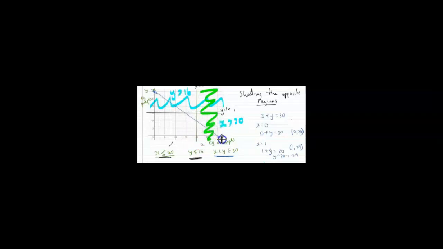So this is a line where x plus y is equal to 30. But I want where it's less than or equal to 30, which is down here, so I'm going to shade the opposite region, up here. This is the section where x plus y is greater than 30.